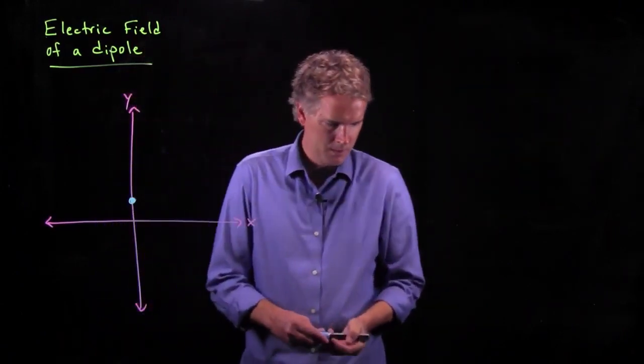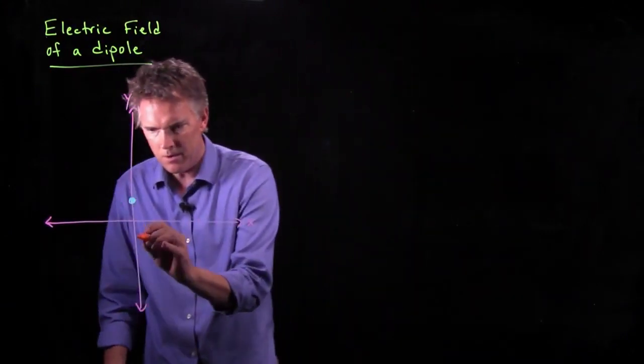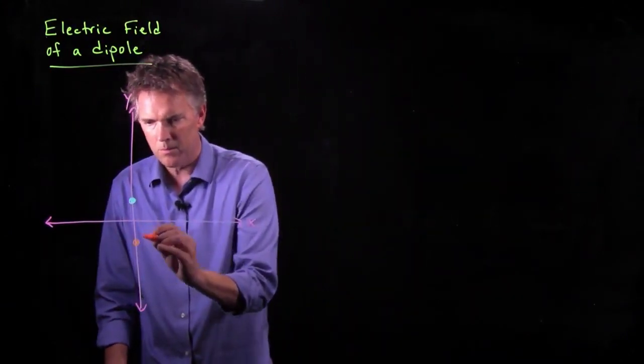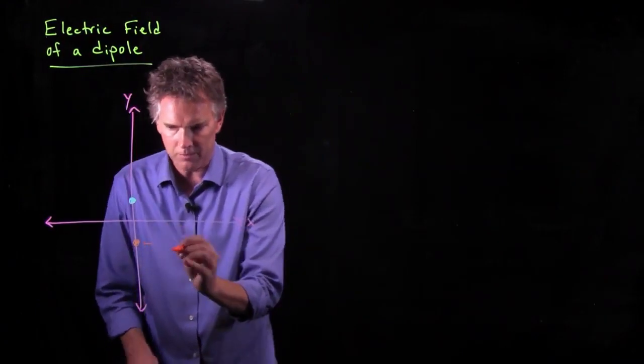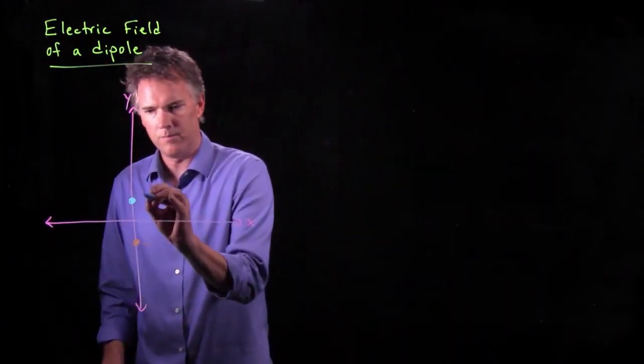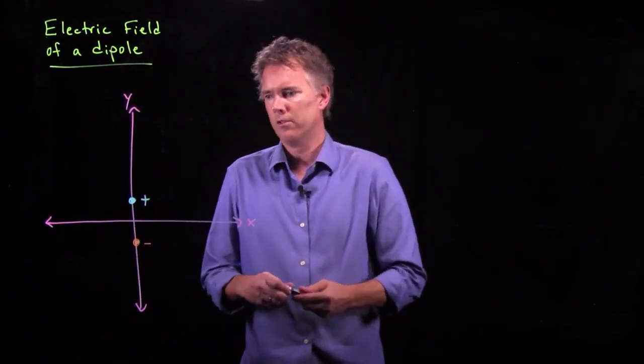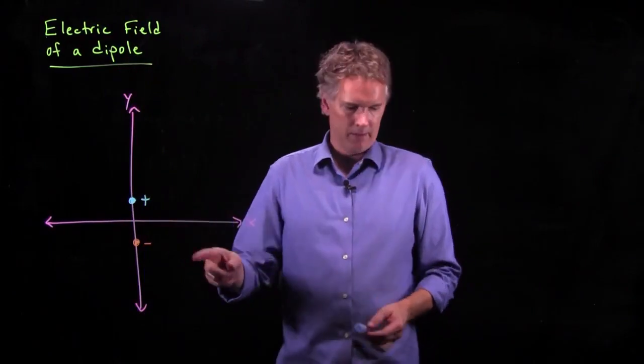We'll make that blue. And we'll make the negative charge down here. We'll make that orange. Okay, so this one is negative, and the upper one is positive. This is what a dipole looks like. Two charges, positive and negative.